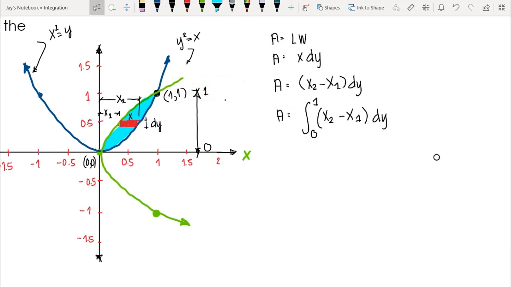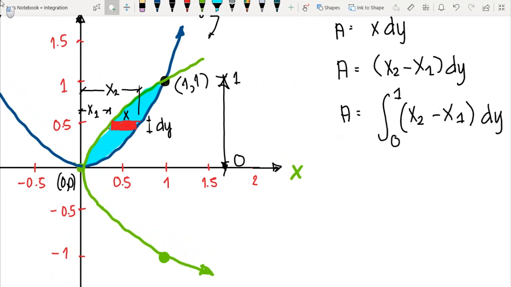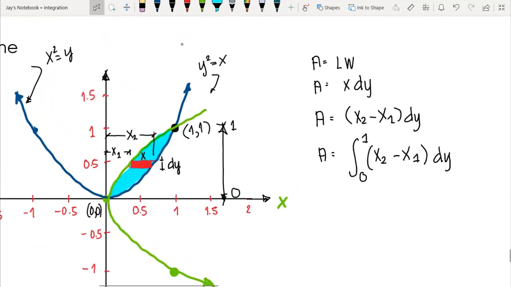Since we are integrating with respect to y, we should transform the variable x into a function of y. Let's check the graph: our x sub 2 touches this blue curve, and the equation of this blue curve is x squared equals y.